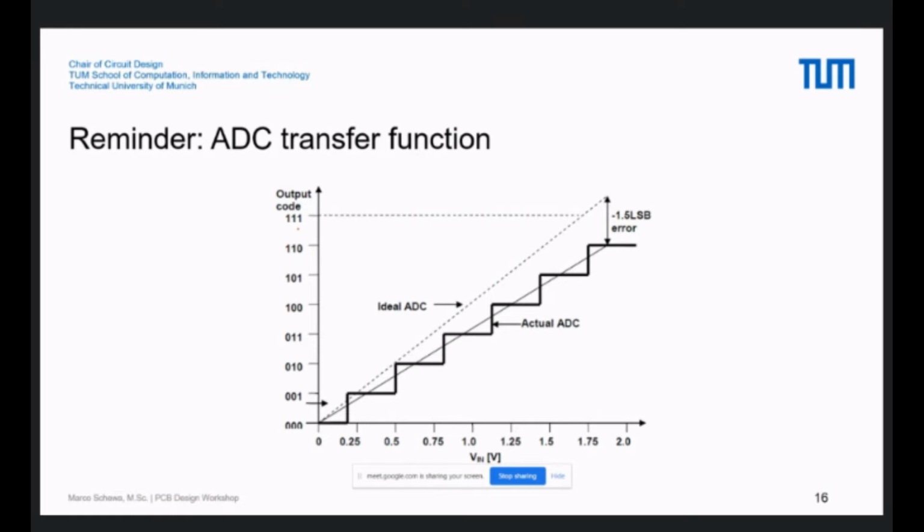You can see we never reach this point and also this point. So we lost these 2 LSB. And this also means that your measurement is not exact and not precise. But this is only important if you really do a precision measurement, for example, with a 16 or 24 bit ADC.